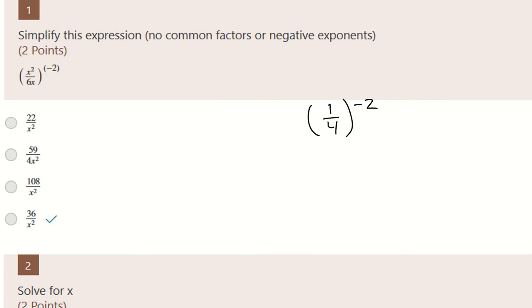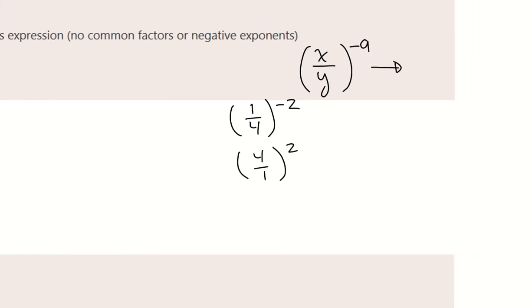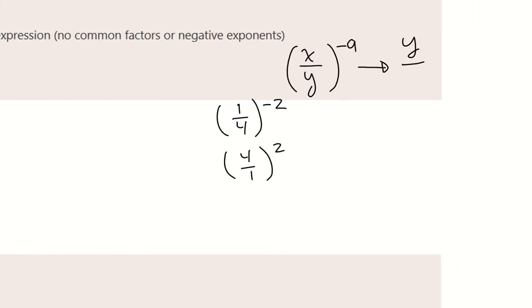The reason is that if we have a negative exponent, we can clear it by turning the fraction into its reciprocal and then raising it to the positive power, 2 in this case. In general, a fraction x over y raised to the negative a power is equivalent to y over x raised to the a power.